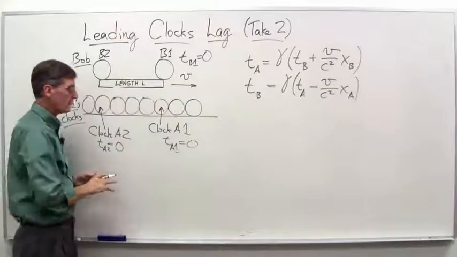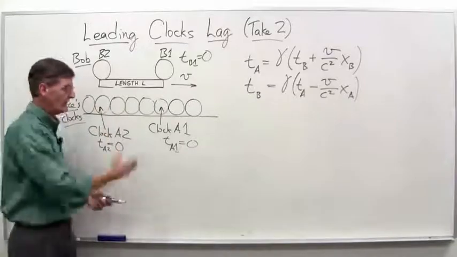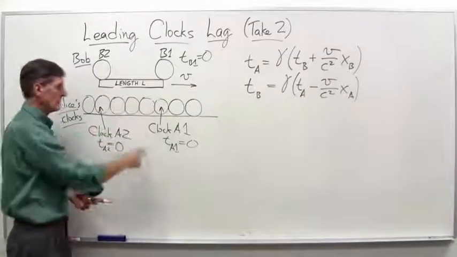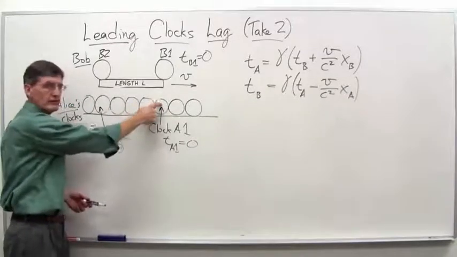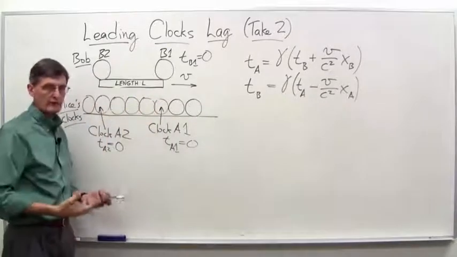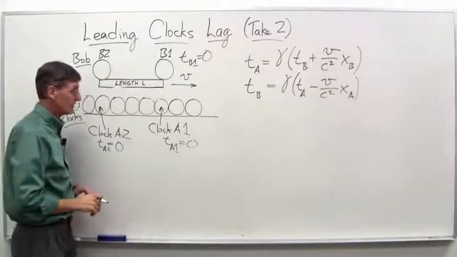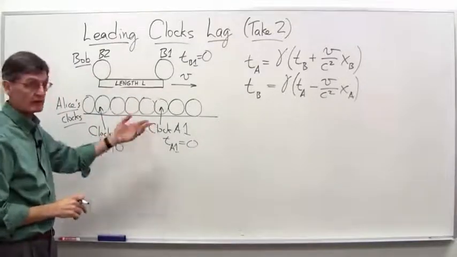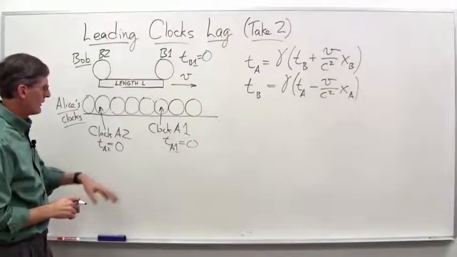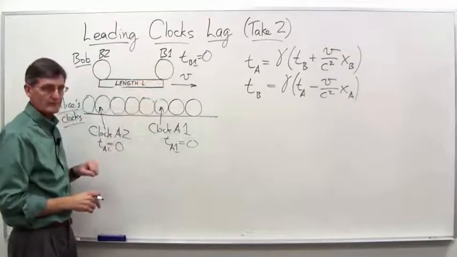Those flash photographs both show her clocks reading 0. That's why we know it's from Alice's perspective, because if this reads 0 and this clock reads 0, we know they're synchronized. We know they're at the same instant in time as far as Alice is concerned in terms of readings from her clocks. So we also know for the first flash photograph, TB1 equals 0 here.